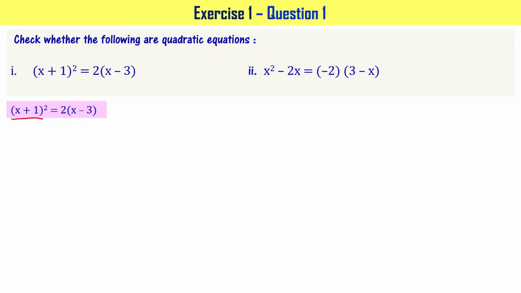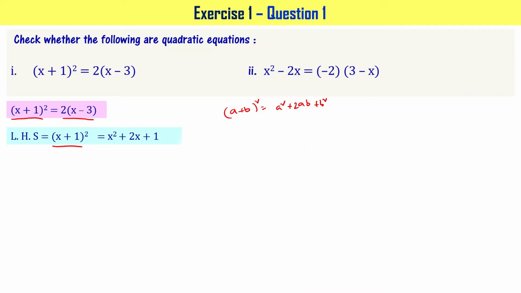(x + 1)² = 2(x - 3). What is the LHS of this equation? Left hand side is (x + 1)². We know that (a + b)² = a² + 2ab + b². Let us use this formula so that I can expand (x + 1)².